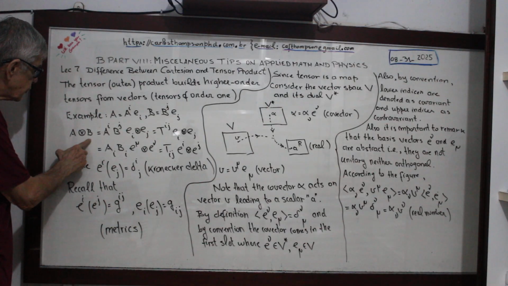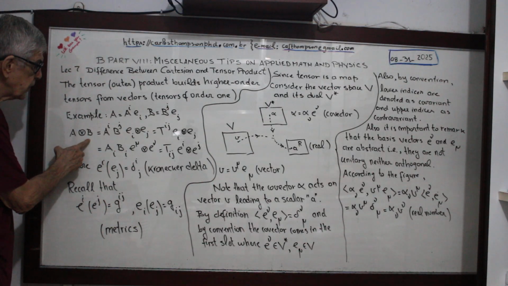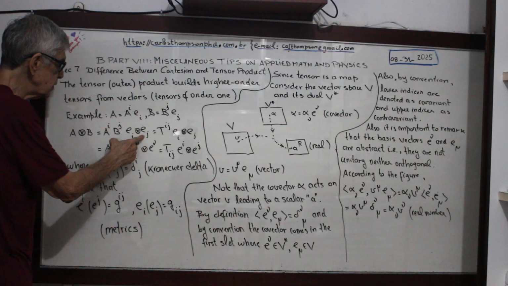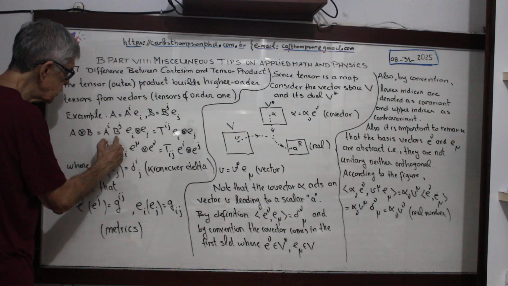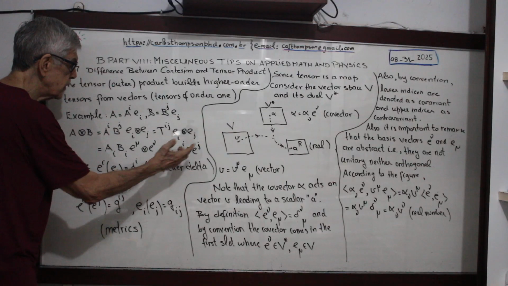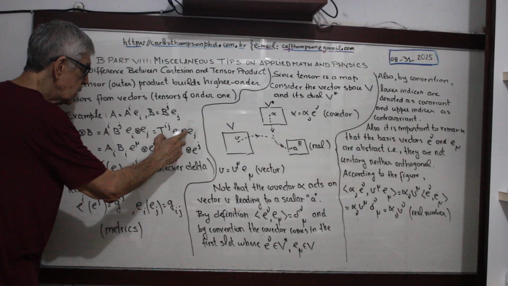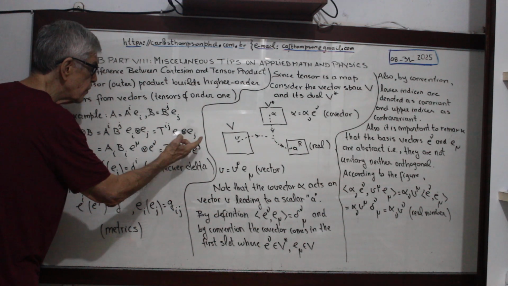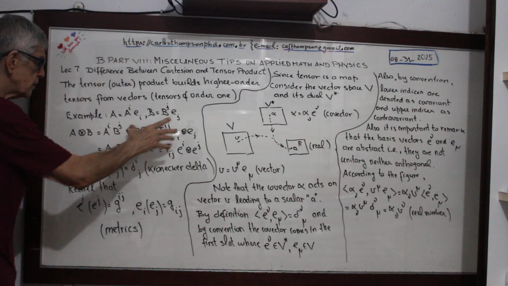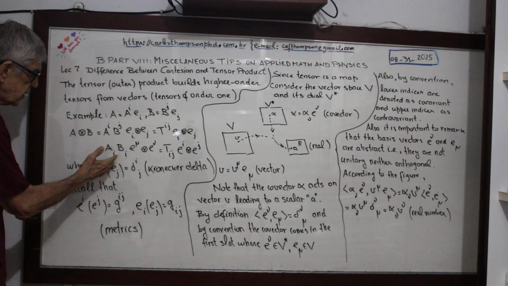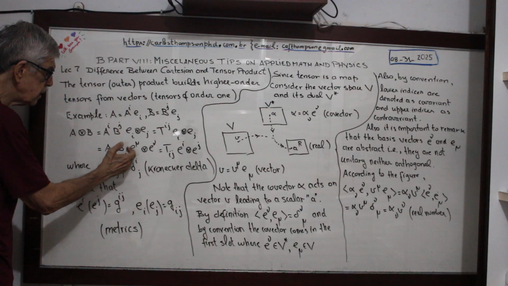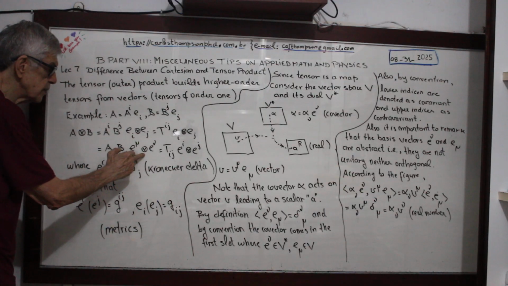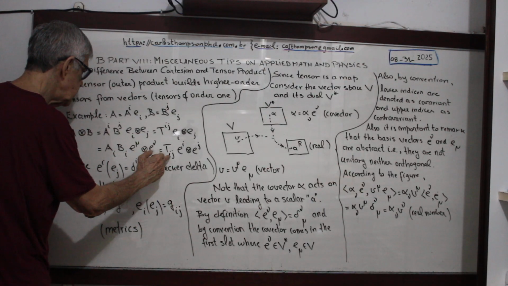So this outer product, or tensor product, is A^i B^j e_i e_j. You see, I call this combination T^ij, so T^ij e_i e_j is an outer or tensor product. That's the symbol. It is the same as A^μ B^ν e_μ e_ν. The symbol is this T^ij.